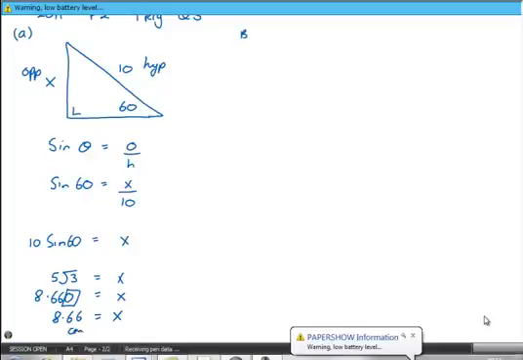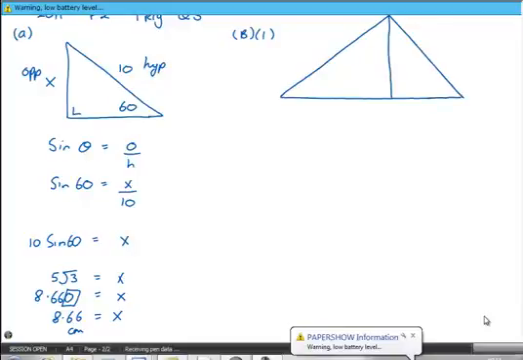On to part B, 1. You're given a diagram. There are 3 triangles at play. There's the dominant triangle, which would be that one there, and then 2 more triangles are created when that perpendicular is dropped. This is 65 degrees here.